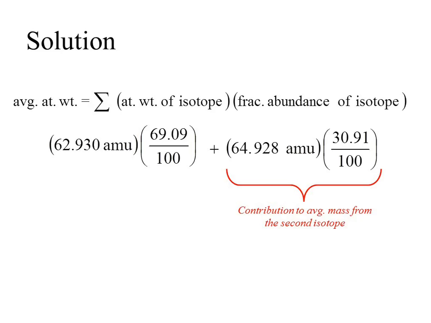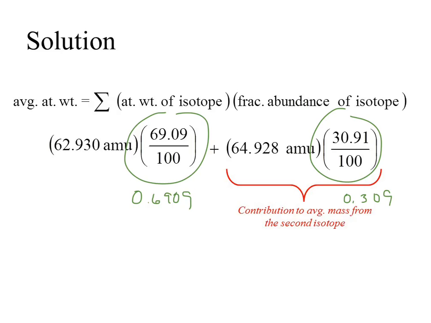And you need to be a little careful with order of operations in your calculator. For these terms, instead of their percent abundances, go ahead and put in 0.6909 and 0.3091. If you put those in, it makes it easier.